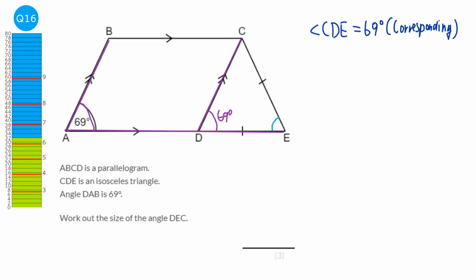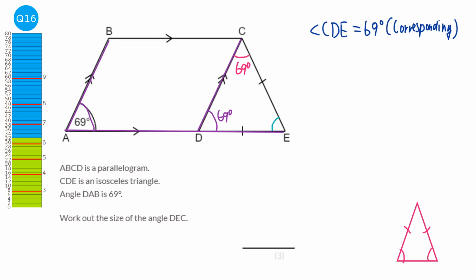Okay. So if I know that the CDE is 69, I also will know that this angle here is 69 because they're the bottom two angles in a triangle. Now, when I say that, I mean when an isosceles triangle is the right way up, the bottom two angles are equal.